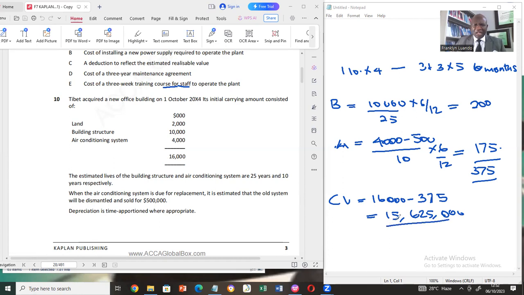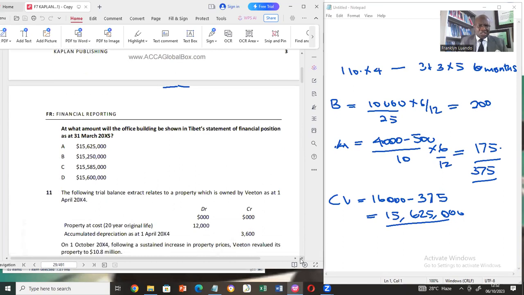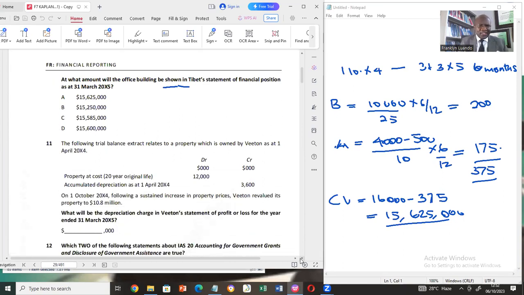So the carrying value will be that amount. Here we check whether that option is there. The correct option is A, 15,625. So we have worked out that question.